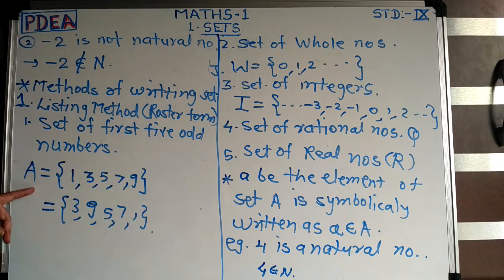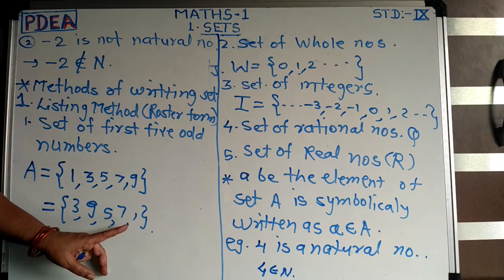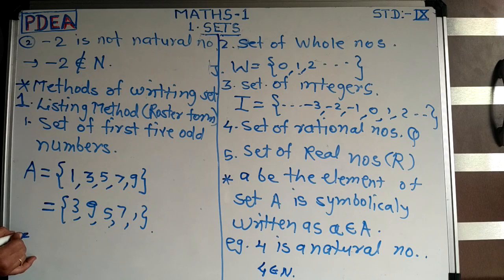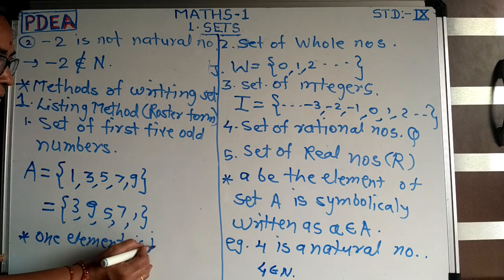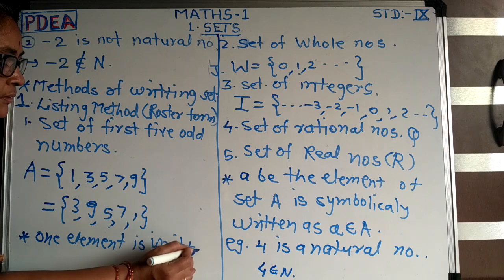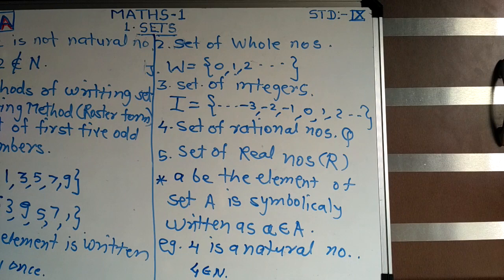Why? Because you can write elements in any sequence. Order is not important. And one element is written only once. This is the writing method of sets.